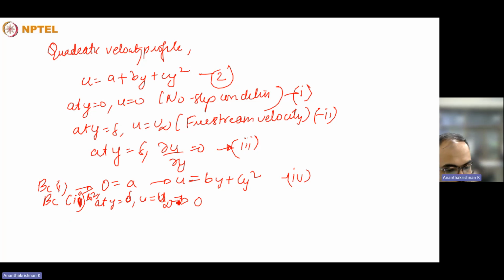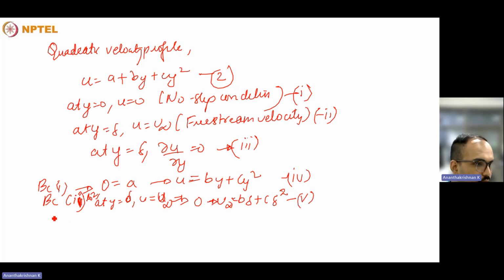That gives u infinity equal to B delta plus C delta square.